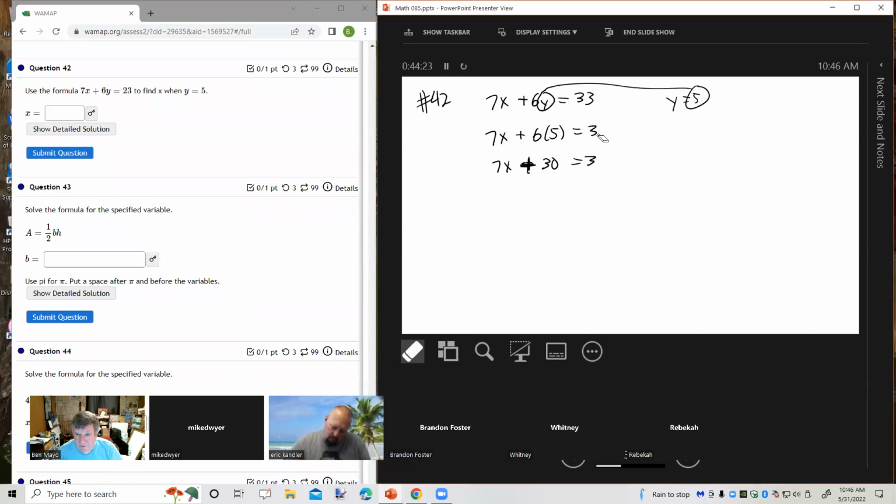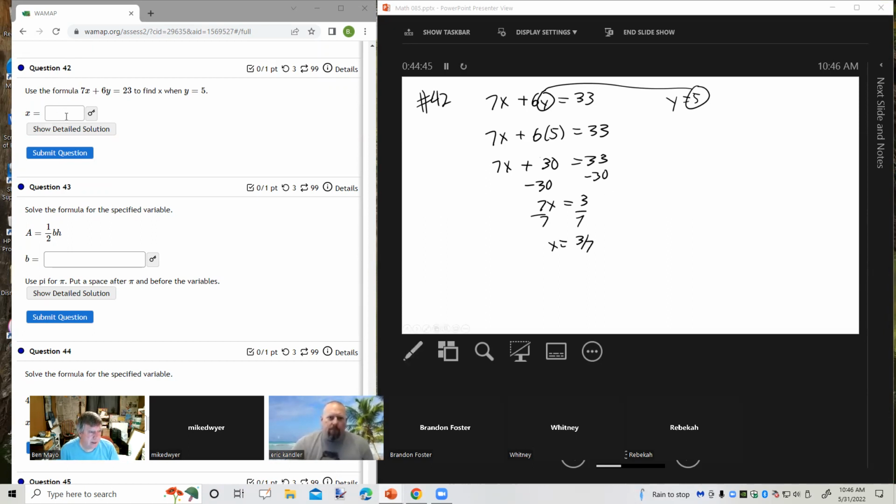This is 33. Okay. So 7x plus 30 equals 33. Subtract 30 from both sides, 7x equals 3, x equals 3/7.